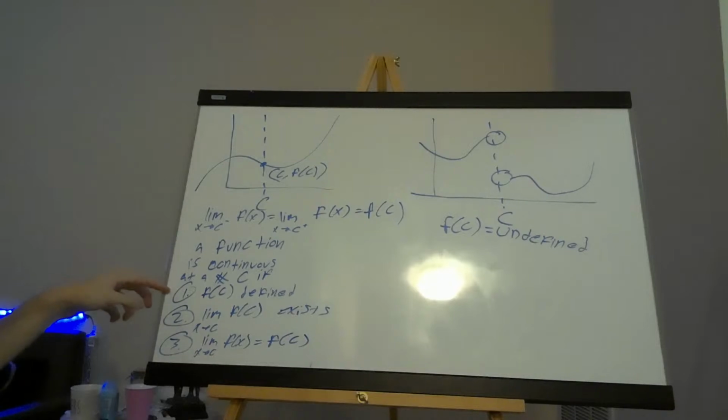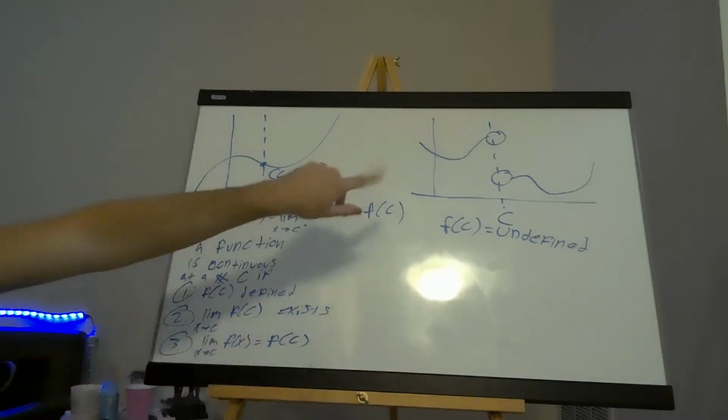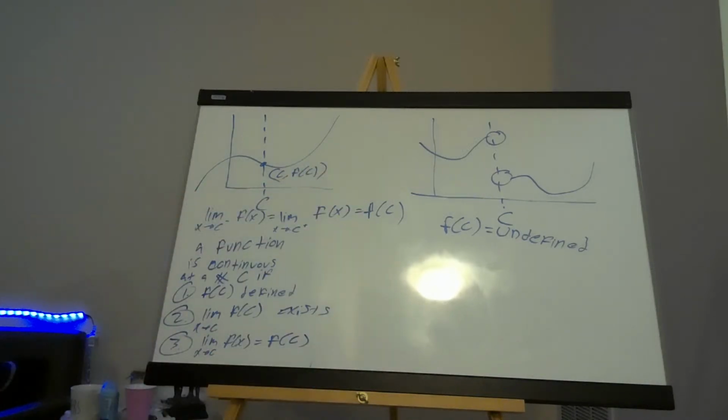So basically 3 rules that are all the same, and that's how you check continuity. The most basic go-to test is if you have to lift your pencil when drawing it, the limit doesn't exist. But there are some weird situations.